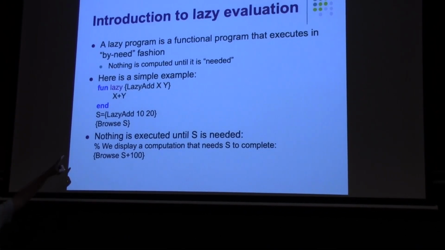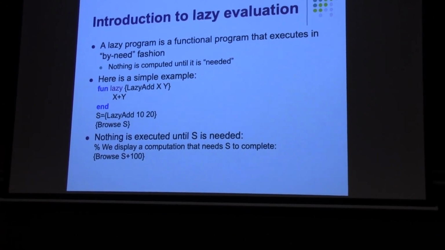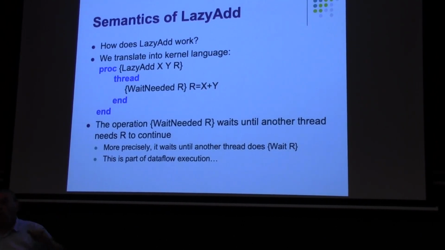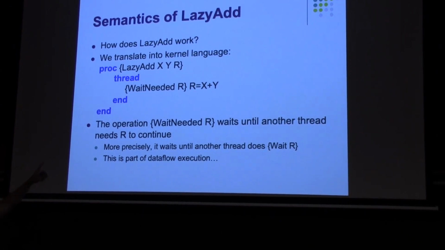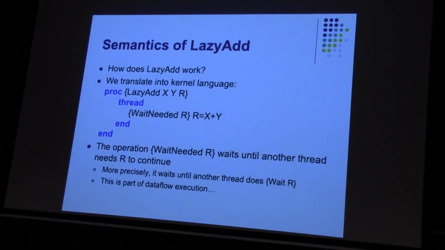Okay, when I have a lazy add, when I execute this, it creates a lazy suspension. What is a lazy suspension? It's just a thread with a wait needed in there. Notice the R is the result. It waits until the result is needed. What does that mean?